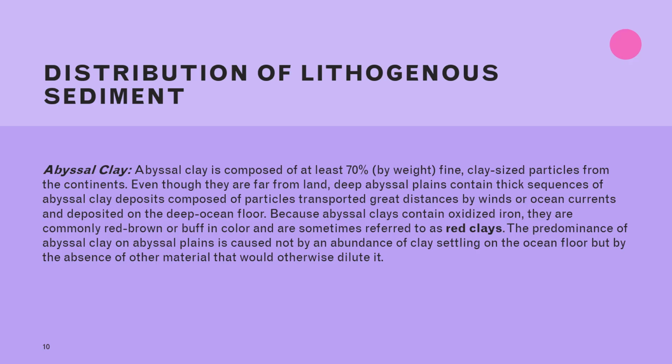Because abyssal clays contain oxidized iron, they are commonly red, brown, or buff in color and are sometimes referred to as red clays. So, the predominance of abyssal clay on abyssal plains is caused not by the abundance of clay settling on the ocean floor, but by the absence of other material that would otherwise dilute it.